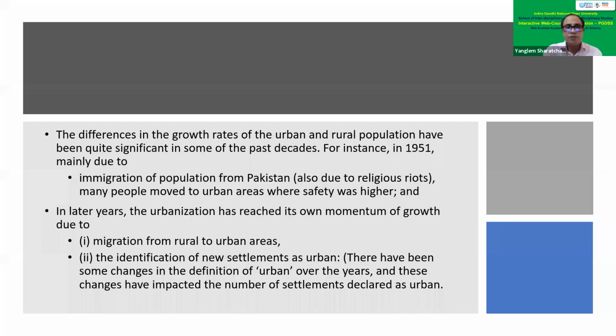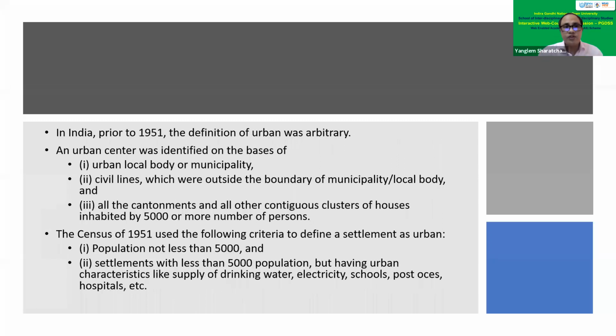Then here, the more important identification of new settlement is urban. Now here, we are going to look into 1951, when the definition of urban was arbitrary. At that time, an urban center was identified on the basis of urban local body or municipality. Civil lines were also the same, 5,000 or more persons, clusters of houses, that is urban.